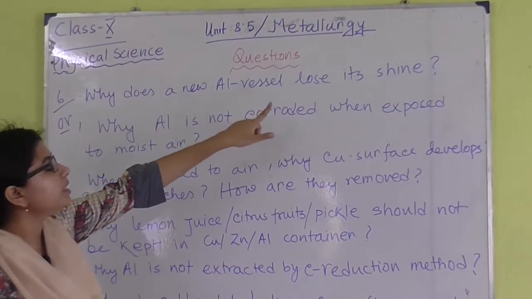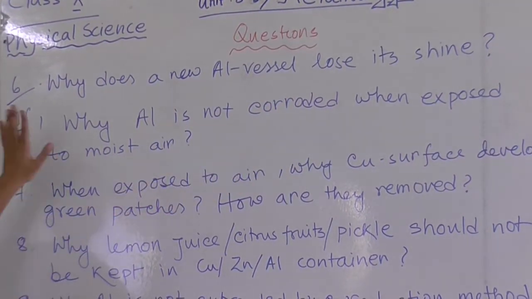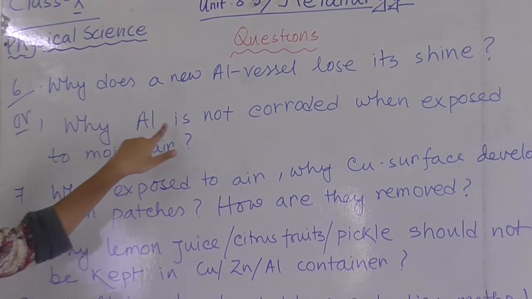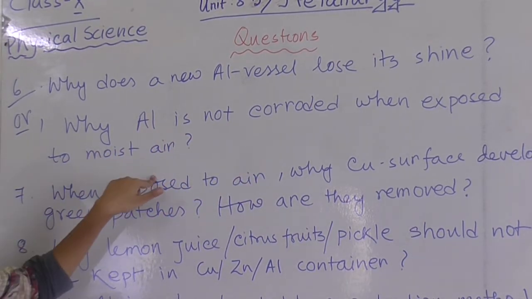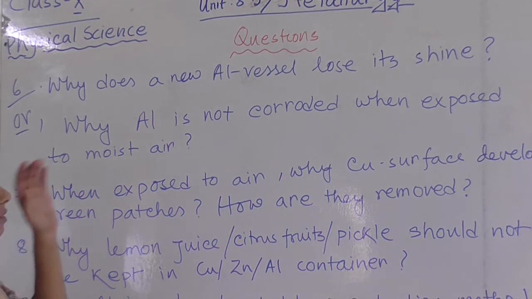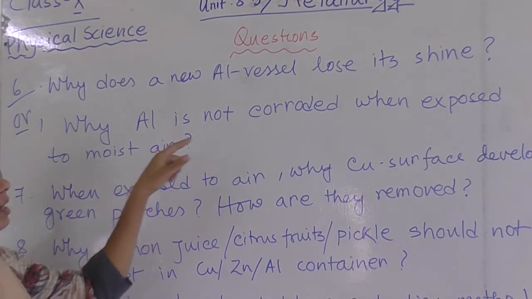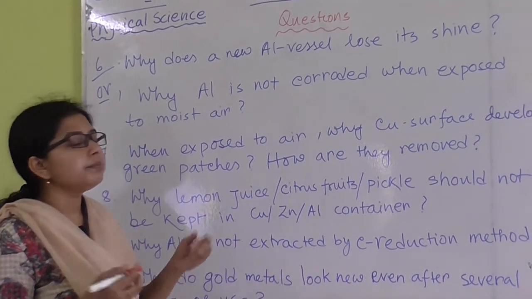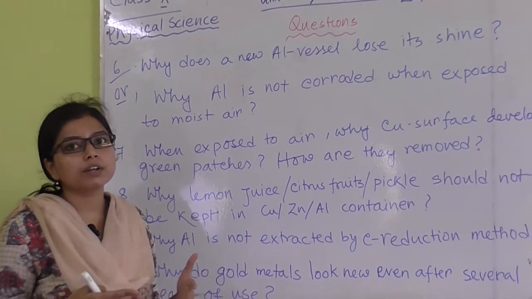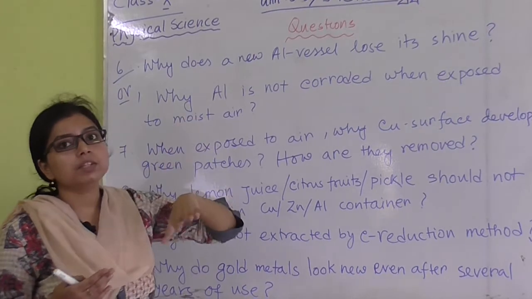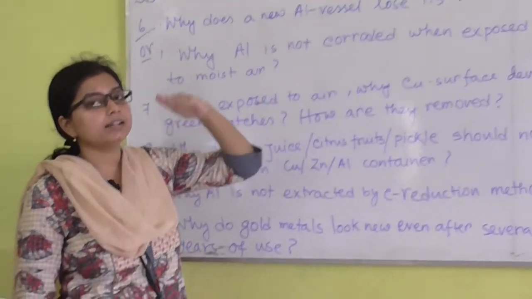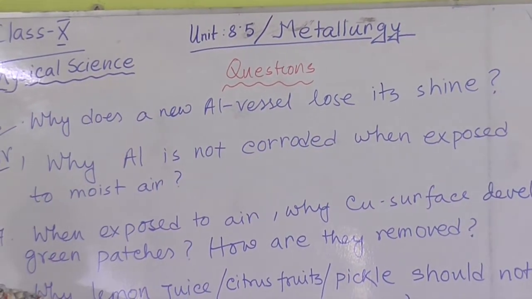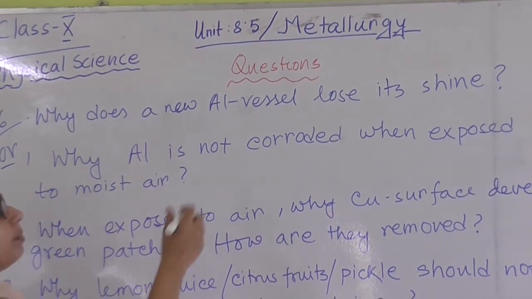Why does a new aluminum vessel lose its shine? Or we can ask the question in a different way, that is, why aluminum is not corroded when exposed to moist air. Now I have already explained this thing. Actually, when we keep an aluminum vessel in an open area, then in presence of moist air, that means in presence of water vapor and oxygen, as aluminum is very much reactive and its position is higher in the electrochemical series, so aluminum reacts with the atmospheric oxygen to form aluminum oxide.